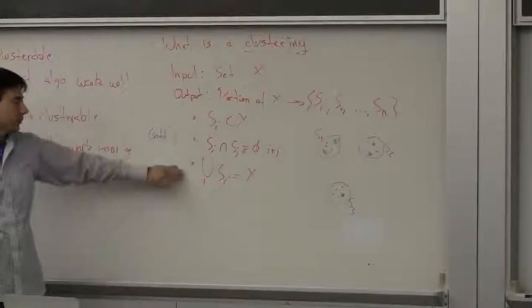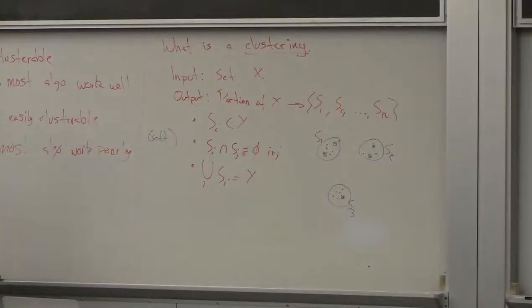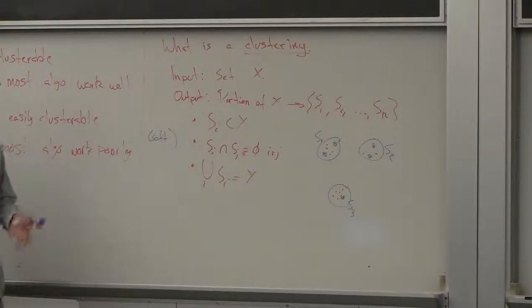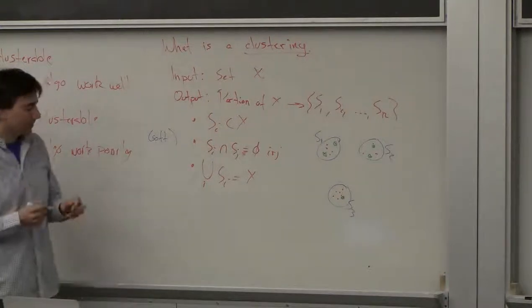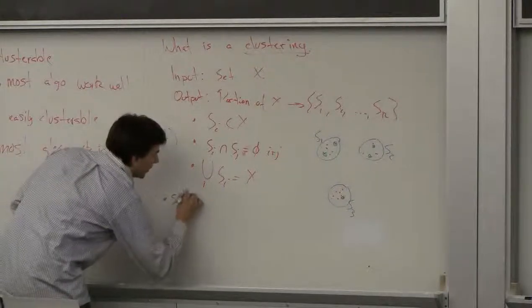The partitions are disjoint and the union is the set, but it's not really capturing what we want. So before we get into trying to formalize this a bit more, there are two high-level goals you typically want. One is the split.